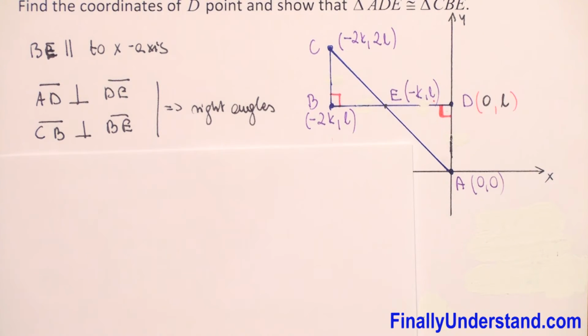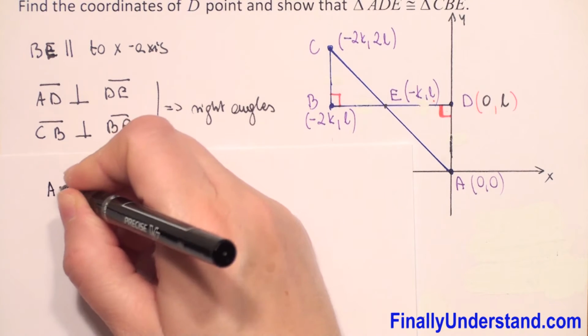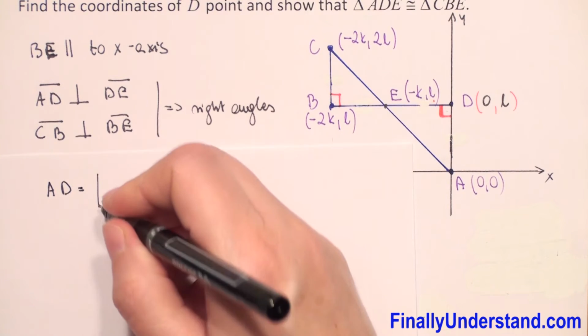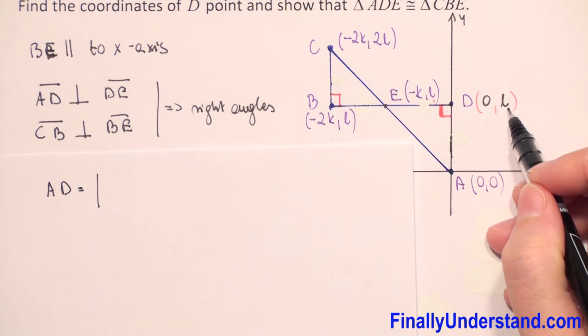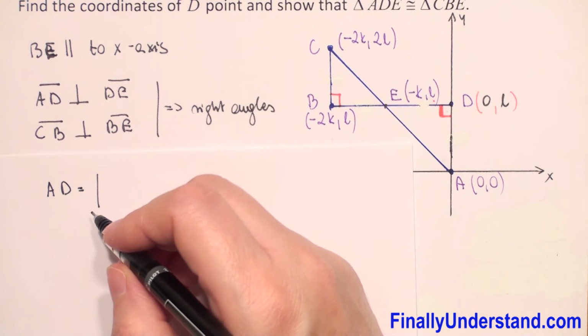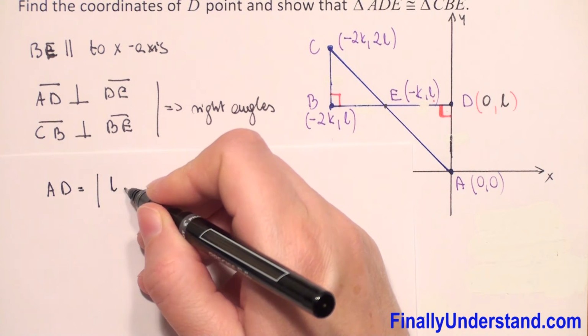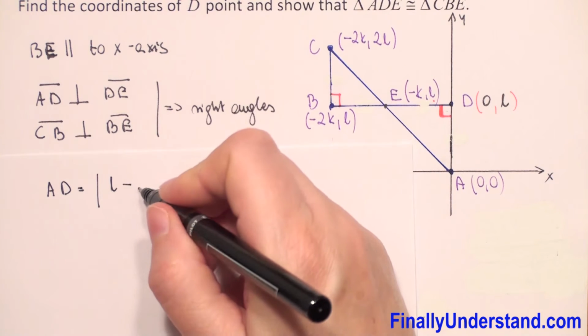So we have that AD is equal to the absolute value of: the second coordinate of D is L, so we have L minus, and the second coordinate of A is 0.